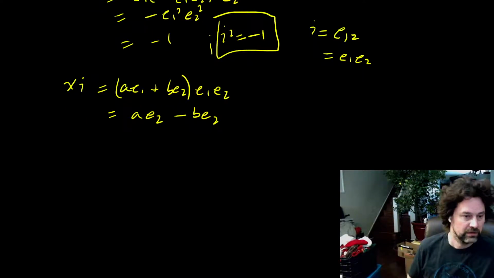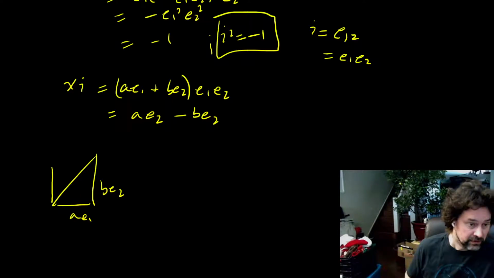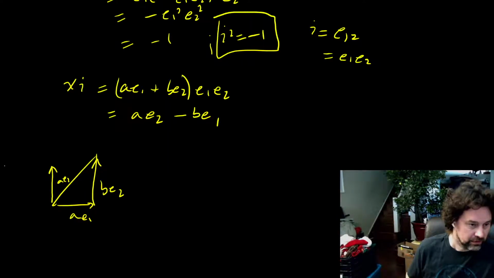So if we have A E1, B E2, and we want A E2 minus B E1, and what do you know?